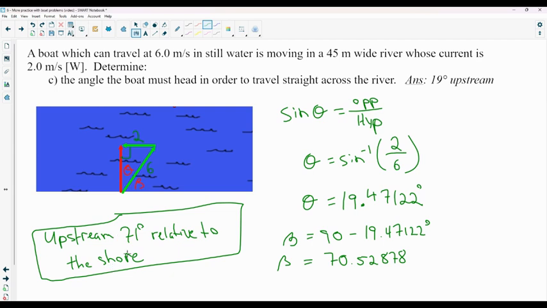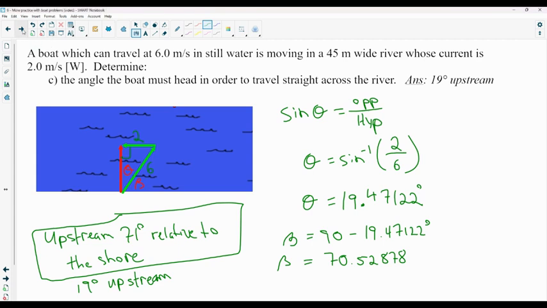Nice. So you could say 19 degrees upstream. That's okay too, because you are 19 degrees from going across the river. So you're pointing across the river and then you turn upstream 19 degrees. But I think the first one that I put the box around is a little bit clearer.